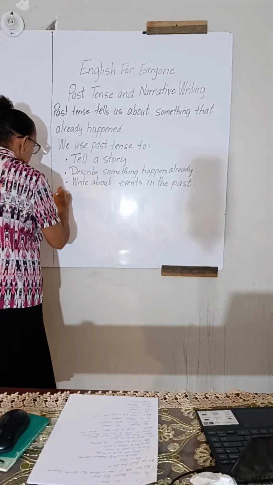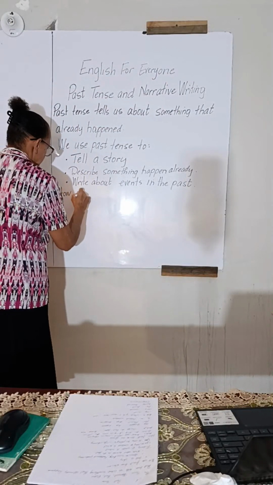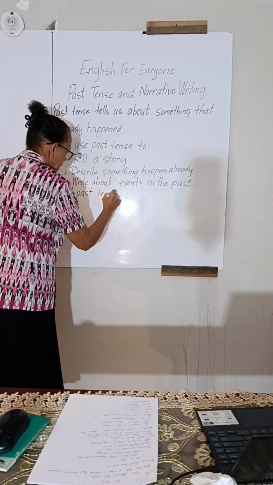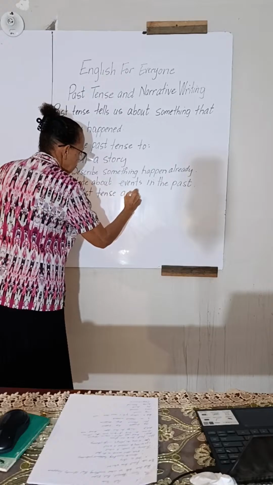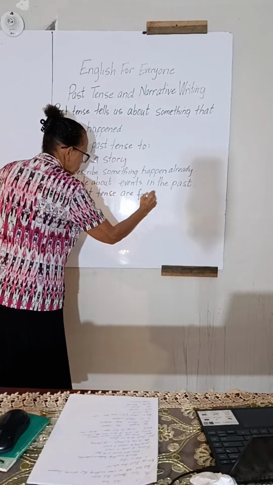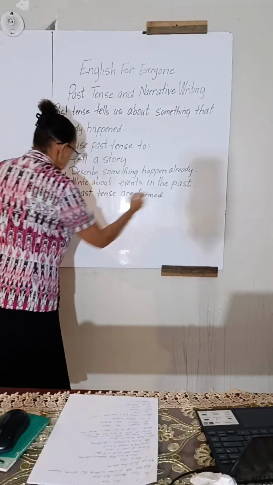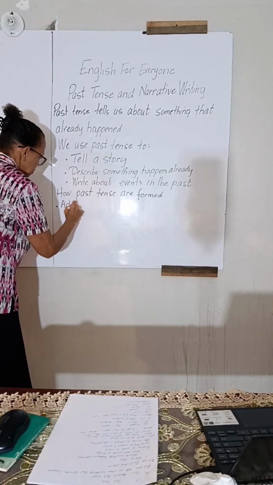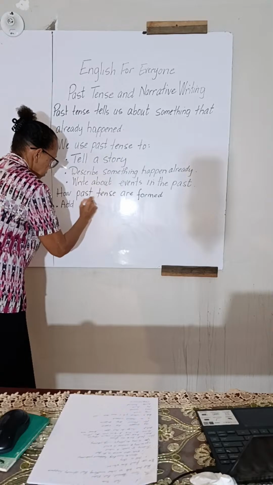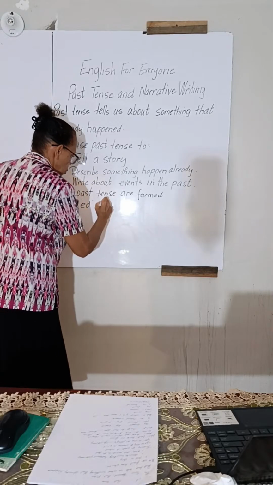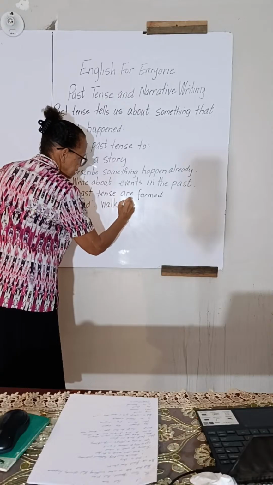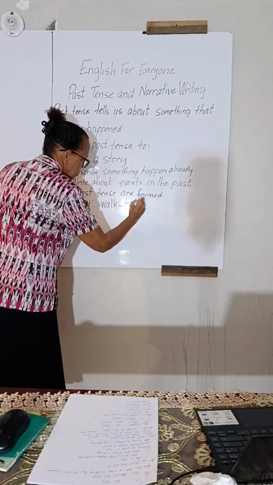How past tenses are formed. Rule 1: add ed. So you have the word walk, past tense, walked.